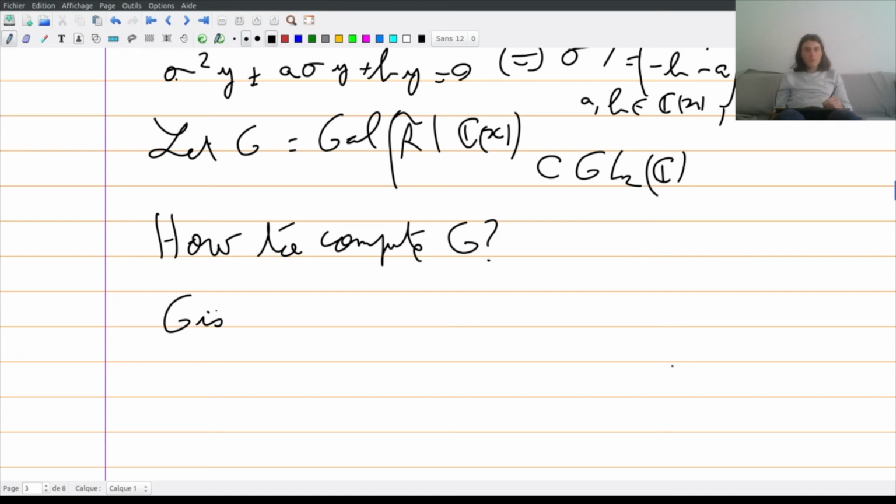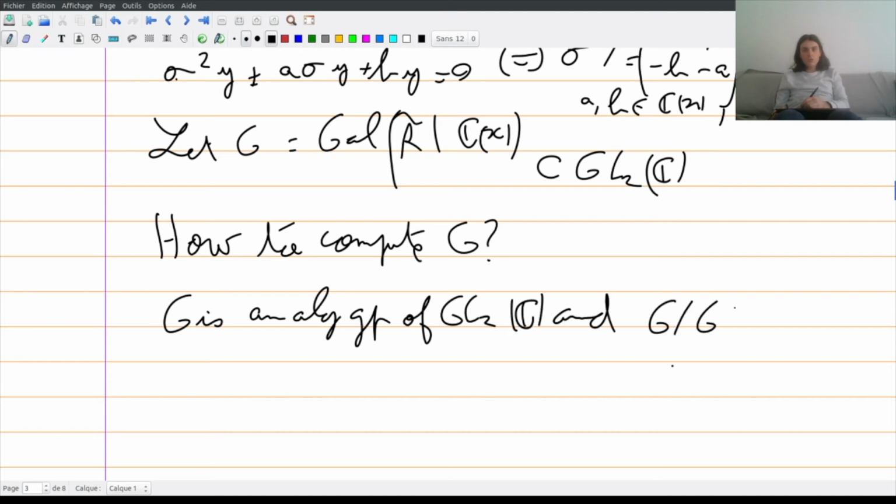So J is an algebraic group of GL2. And remember that J over J0 is cyclic. So it's two pieces of information.